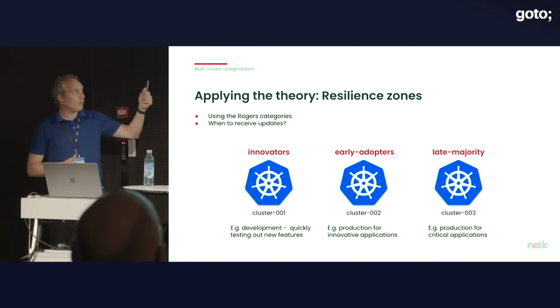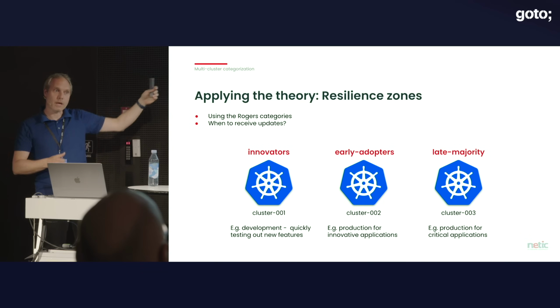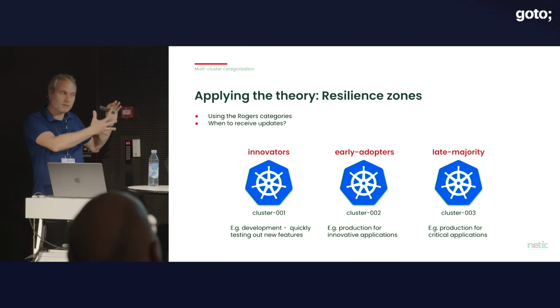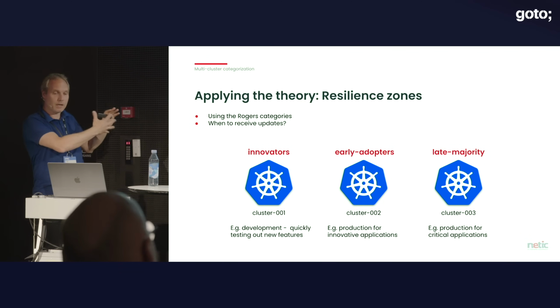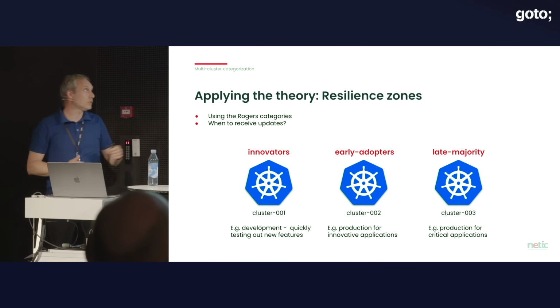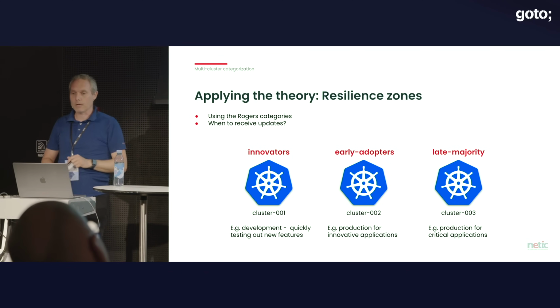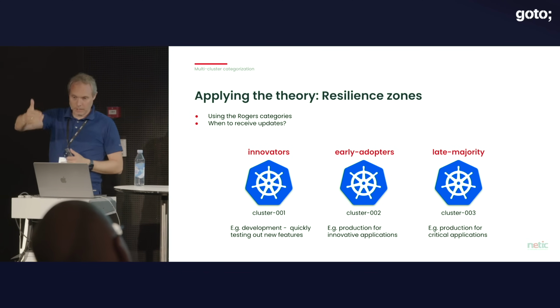Now, it's not like we do not test stuff before it goes into innovators. We have some platform clusters and some test clusters that are not running any production workloads. But as a customer, the first place that you would get new changes and new features would be in the innovators zone, and then you can move up.